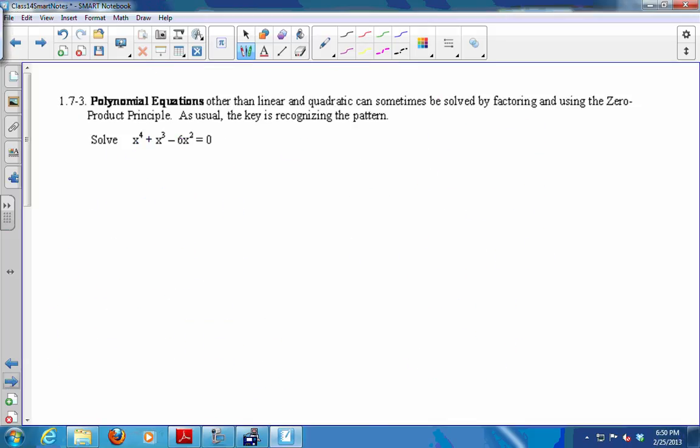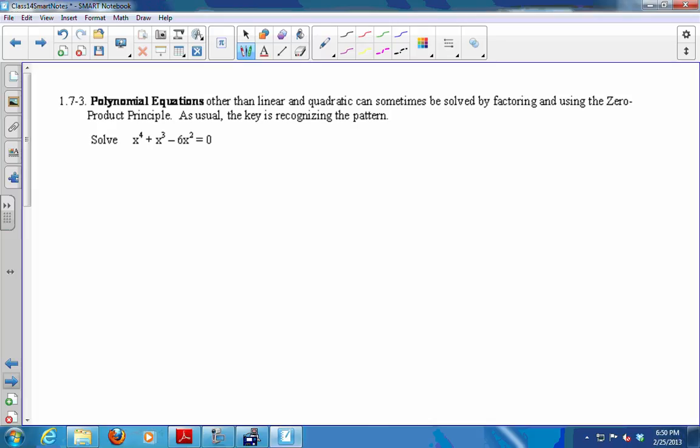Okay, so another kind of equation that we can solve is a polynomial equation. And other than linear and quadratic, polynomial is something that we can also solve sometimes using the zero product principle. So the idea is factor everything as much as you can. It's not going to work for every polynomial, only if they have a factor in common.